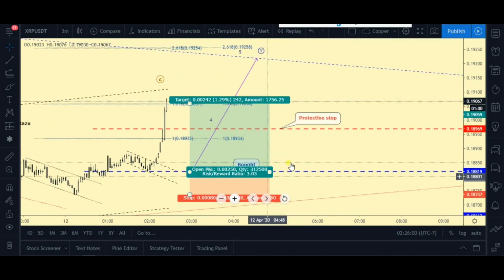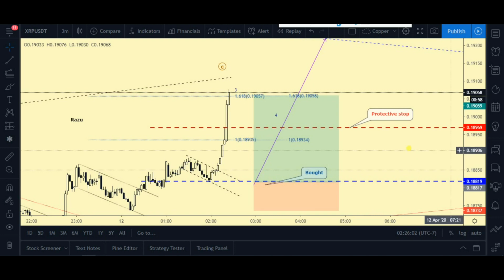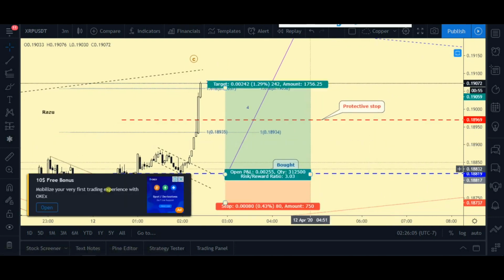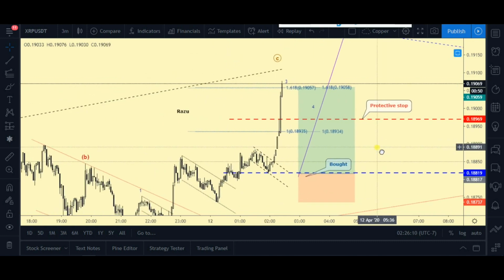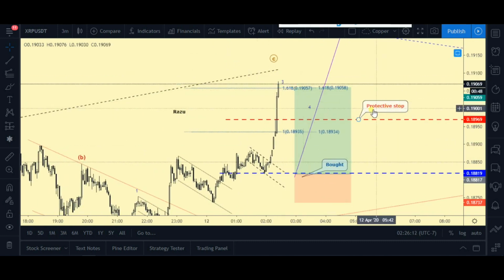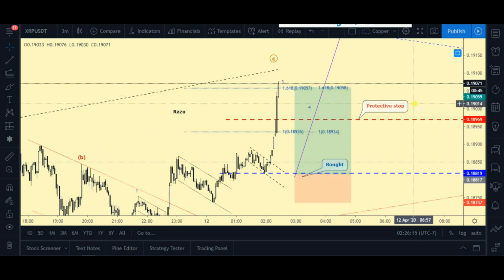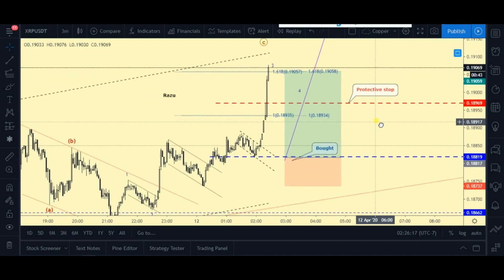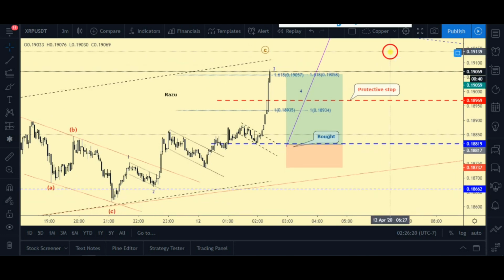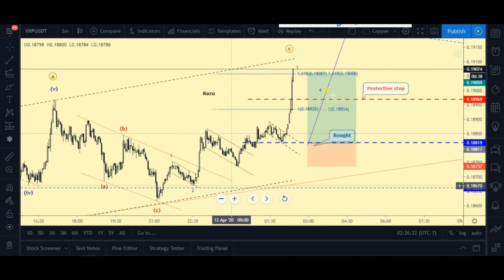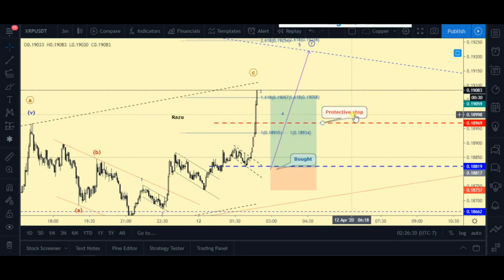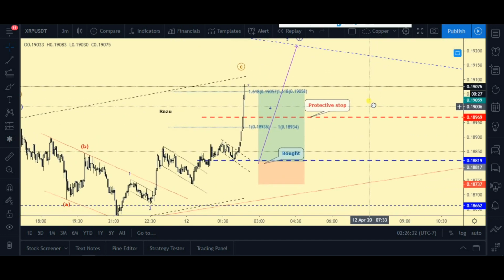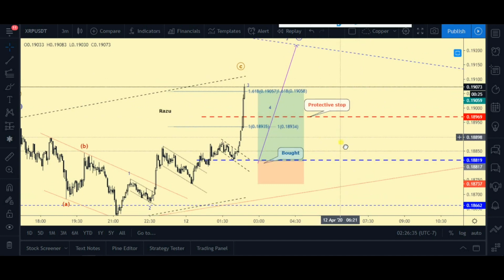also stays intact, since I don't want to be too greedy at this point. So the profit protective stop, I have made it much tighter here, so that way we will be able to also catch this trend, continue with the trend, ride with the trend, and also book our profits in a defensive way.